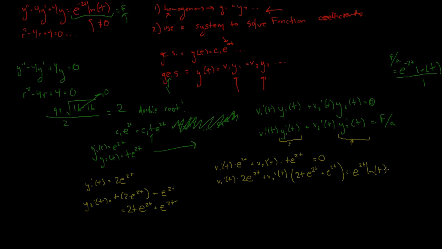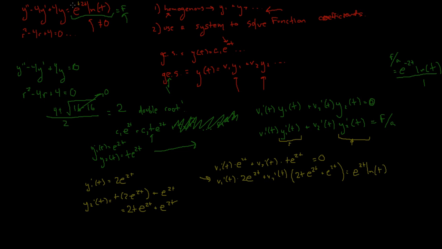You may have noticed something if you're attentive or you've done this before: in our second equation in the system of equations, we can pull out e to the 2t out of everything, literally everything. I just noticed I wrote negative 2t. Oops.